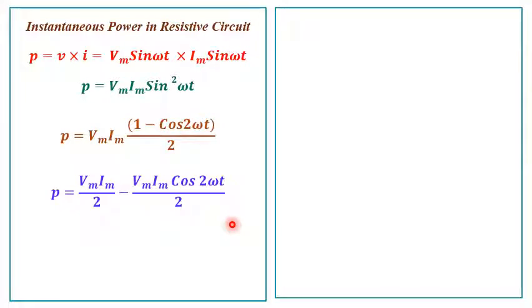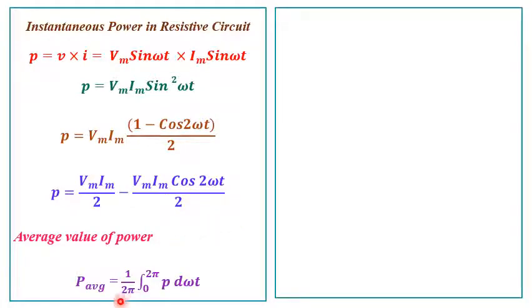But we need to find the power consumed, or the average power, in an entire cycle, that is from 0 to 2 pi. So the average value of power in any circuit can be written as P average equal to 1 by 2 pi integral 0 to 2 pi P d omega t.